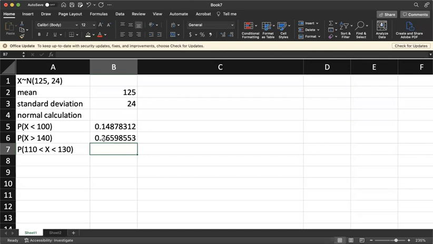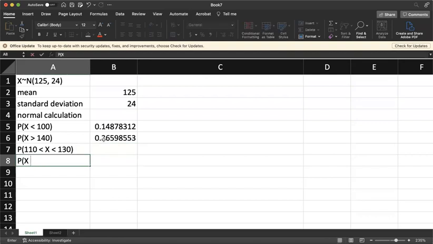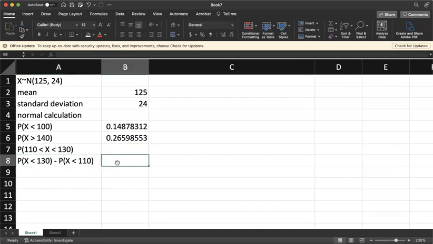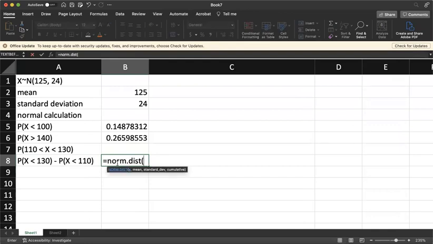So if we instead view this calculation as the probability of X being less than 130, but not being less than 110, if we get rid of that part, then we can use the normal probability distribution. So in this case, we're talking about equal norm.dist. We're going to go up to 130 first.